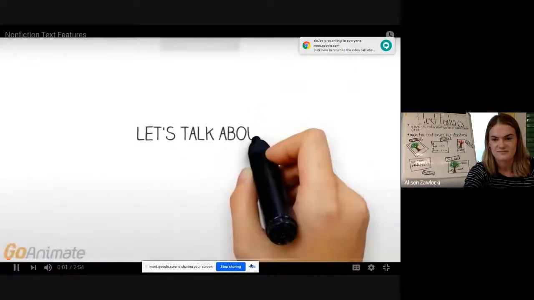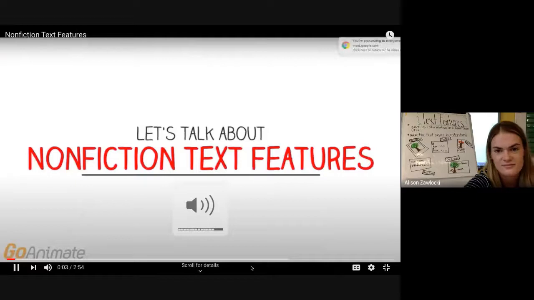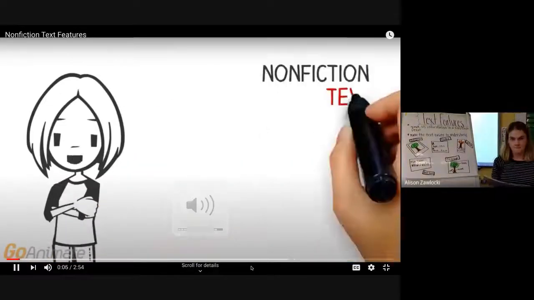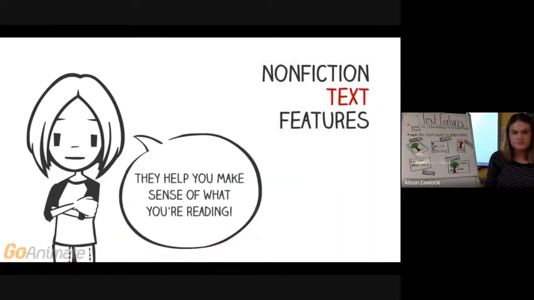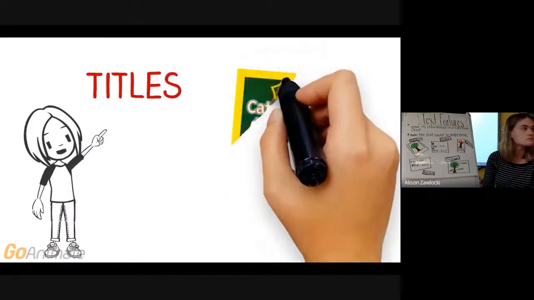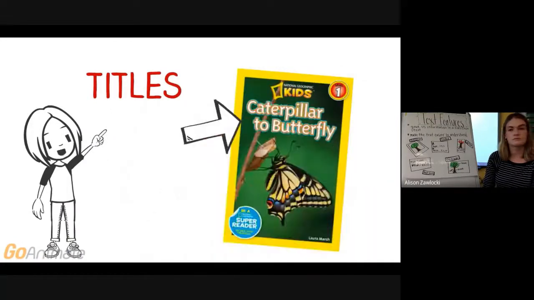About nonfiction text features. Text features are the things found in nonfiction materials that help you make sense of what you're reading. These text features can also help you decide which pieces of information are the most helpful to you. Titles are usually located at the top of the page or front cover.